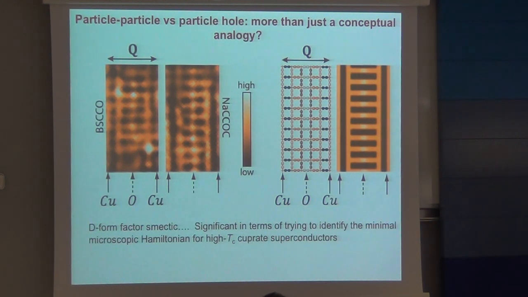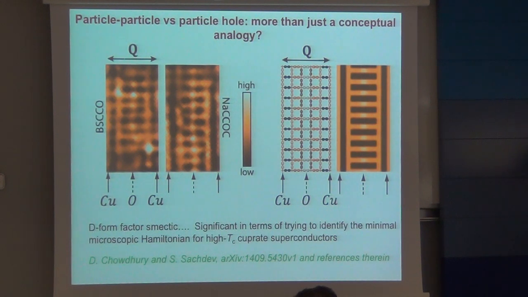So it seems that the smectic that you're seeing in the high TC superconductors is a smectic with a D form factor. That is not nearly as easy for me to understand intuitively as the D form factor in a superconductor in a nearly antiferromagnetic metal.